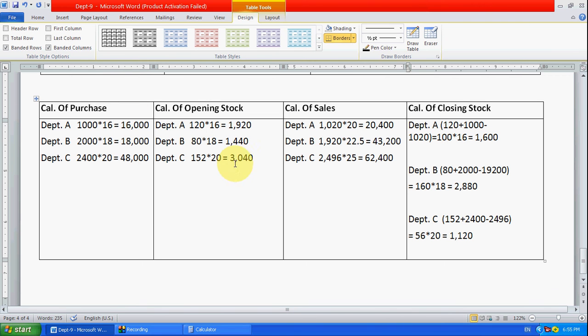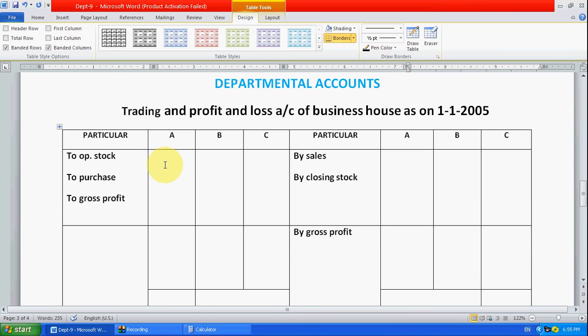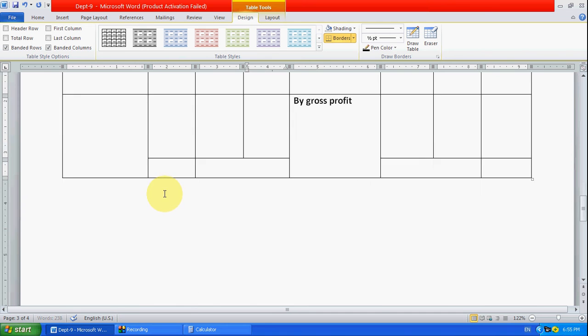Opening stock 1920, 1440, 3040. So right here 1920, right here 1440, right here 3040 opening stock.